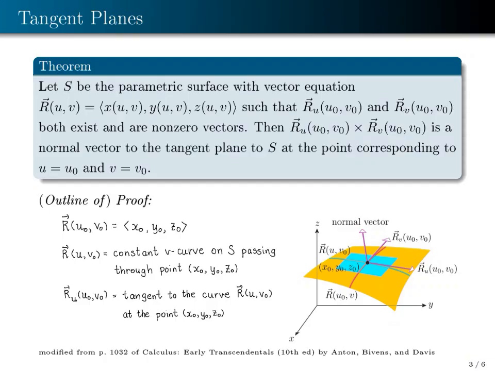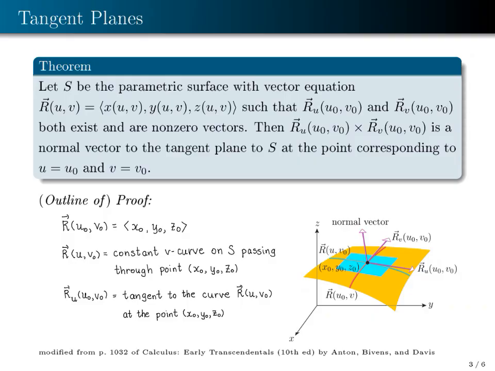Analogous arguments show that the vector r_v at u0, v0 is tangent to the constant u curve r of u0, v on S at the point x0, y0, z0 in the direction of increasing v.